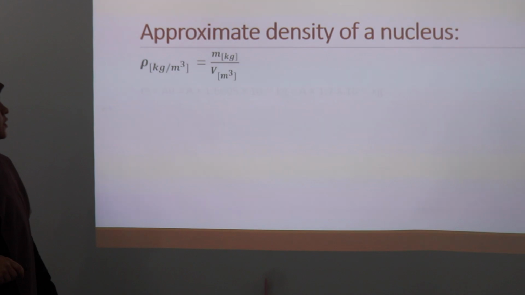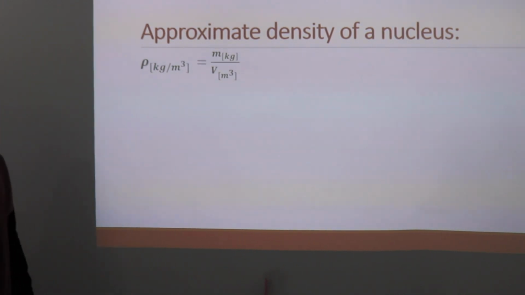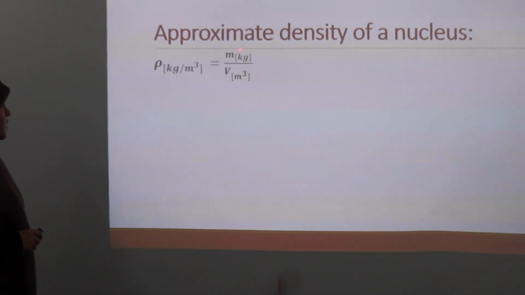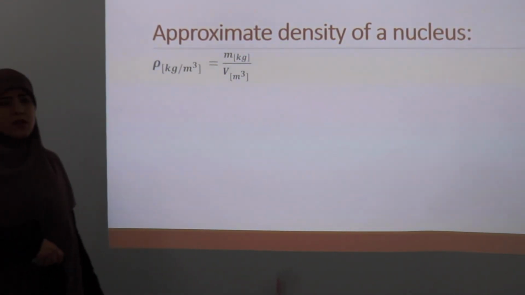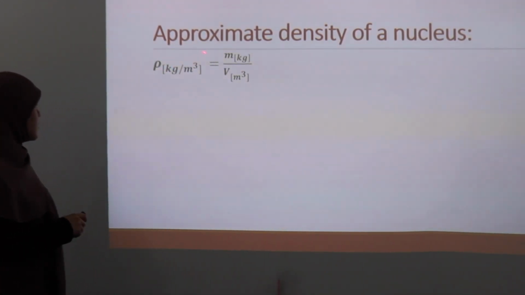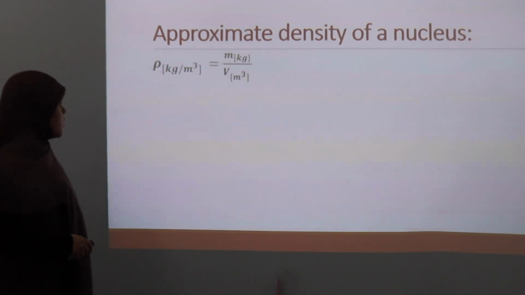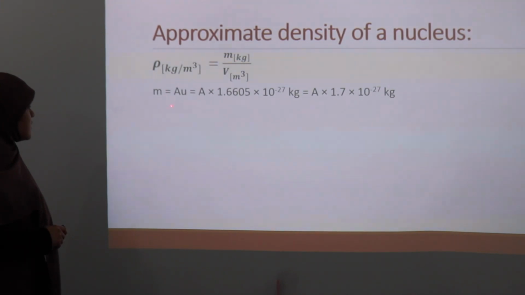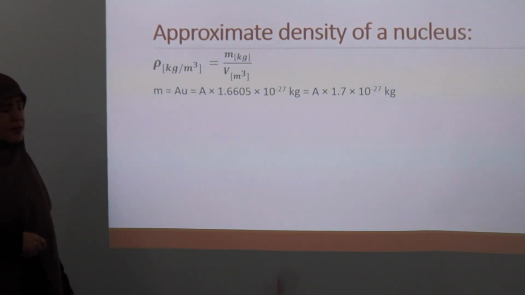Approximate density of a nucleus. Density equals mass over volume, where mass is expressed in kilogram, volume is expressed in meter cubed, and density is expressed in kilogram per meter cubed. Okay, so if you want to find the density of a nucleus, the mass of the nucleus is equal to AU, as you saw in the previous slide.